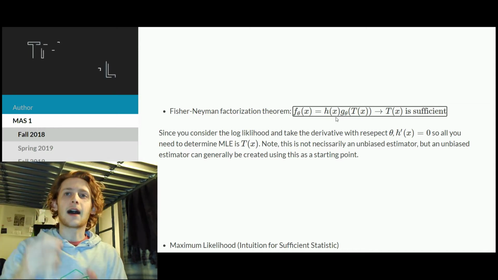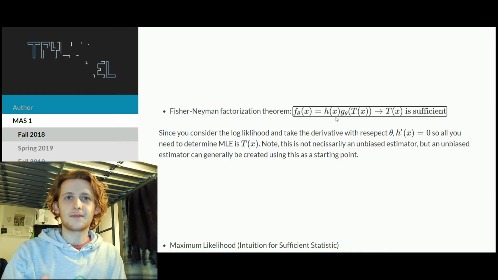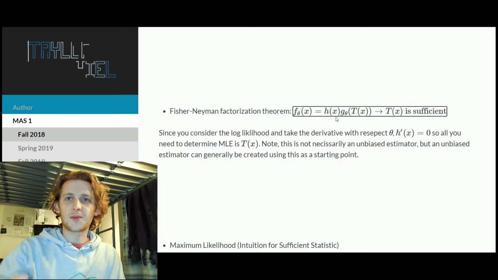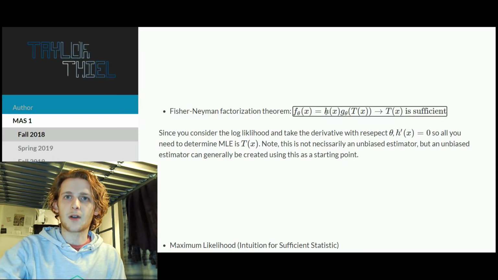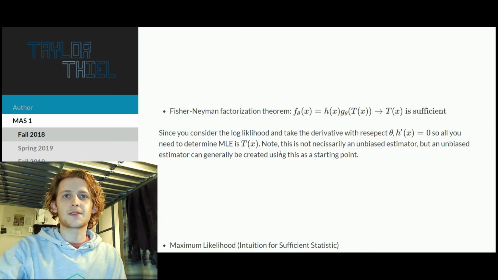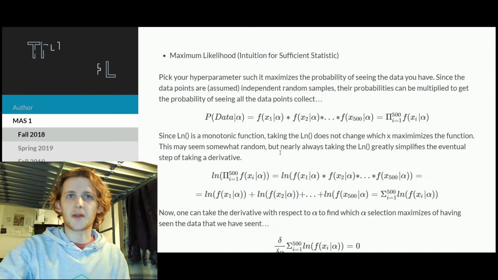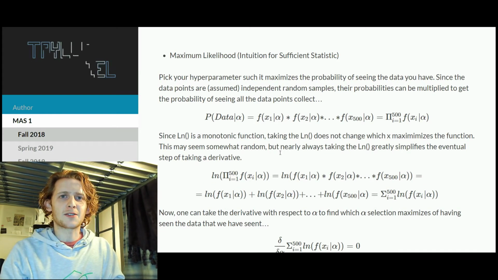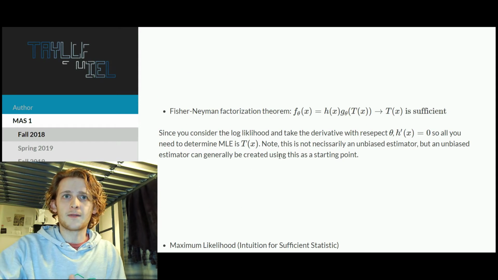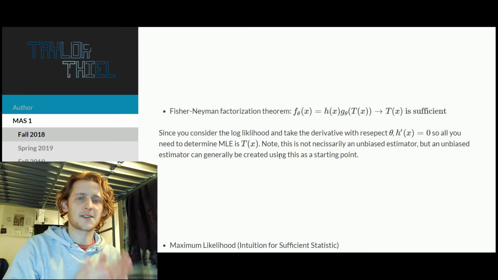So I found this to be not super intuitive, and I don't like dealing with the raw PDF. So this is the theorem that is used, but I prefer to go from the more intuitive maximum likelihood, which I'm not sure if this is exactly what Fisher-Neyman's factorization theorem is.